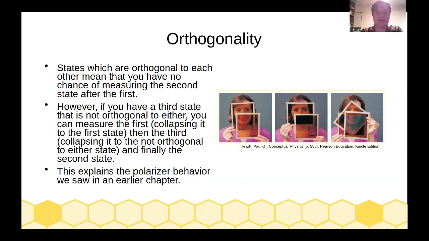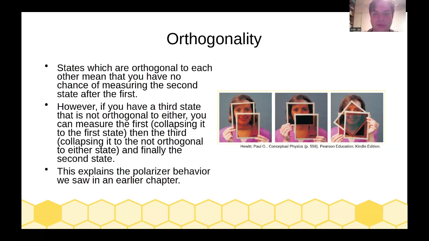This is interesting because if you look at polarization, what you expect is that the photon, when it goes through a polarizer, is going to be polarized a certain way, which means that it cannot be polarized perpendicularly to that.